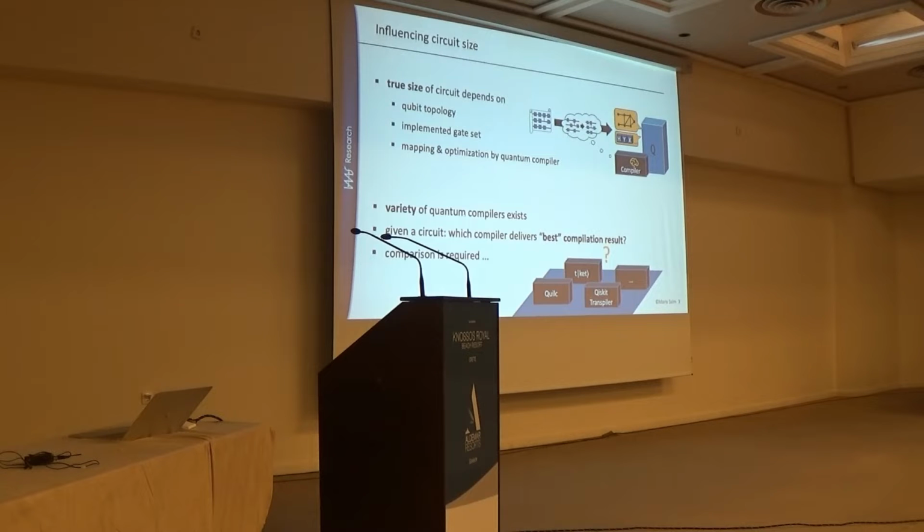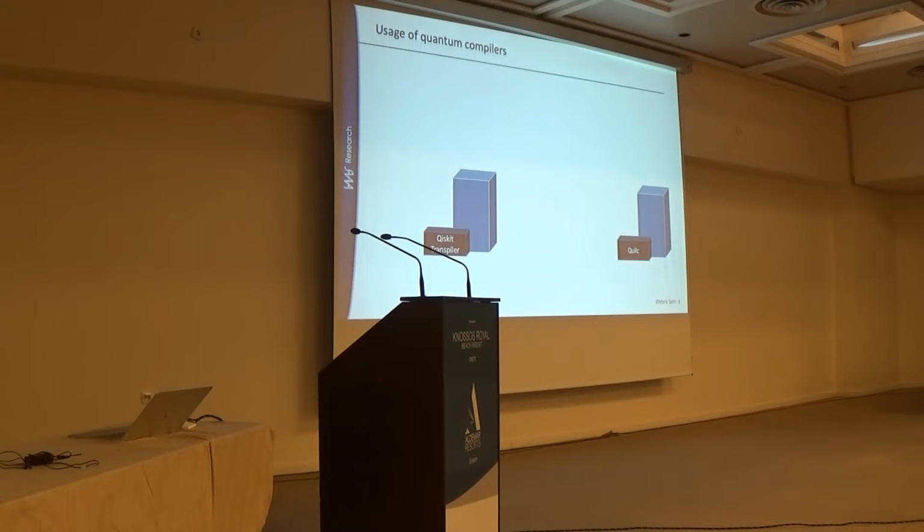But well, simply using such a compiler is not that easy, because these quantum compilers are mostly wrapped by different SDKs. And so, for example, the Qiskit transpiler requires the Qiskit SDK to use it, or the Forest compiler, the QuilC compiler, this is the Forest SDK, and so on.